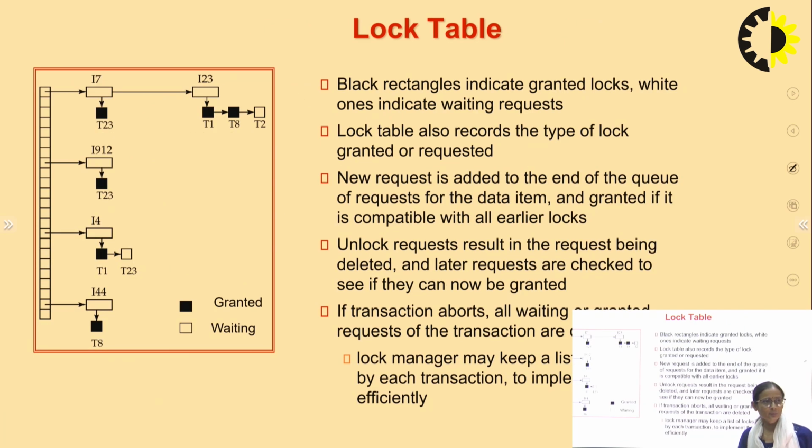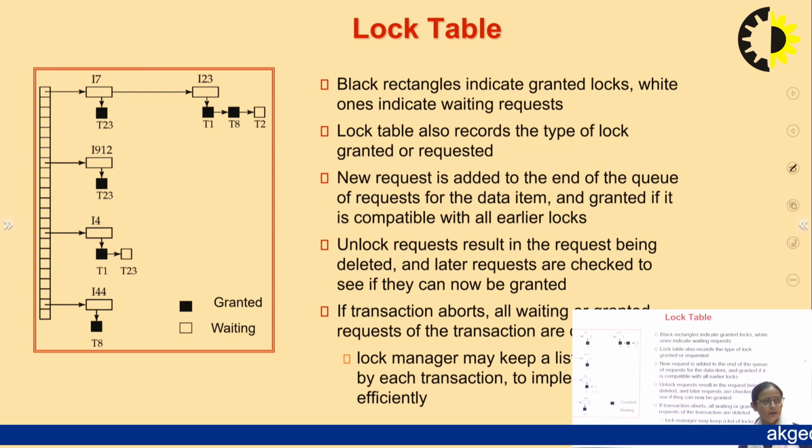So this is a simple hash table, and if you look at this hash table, we have multiple values, and these values correspond to the transactions on a particular data item. Here the black rectangle shows that we have granted the lock to that particular transaction, and the white indicates the waiting request. The lock table also records the type of lock granted or requested, that is, exclusive mode or shared mode.